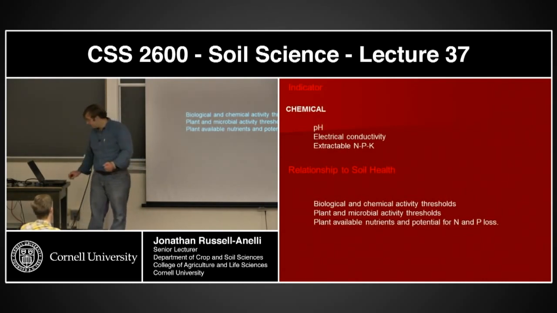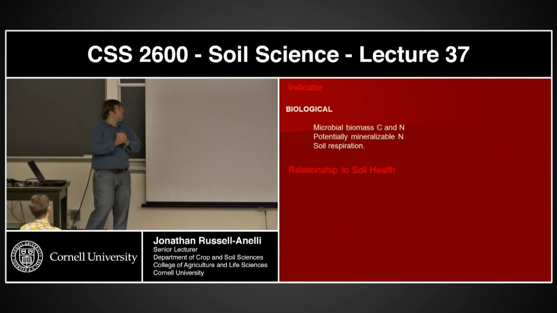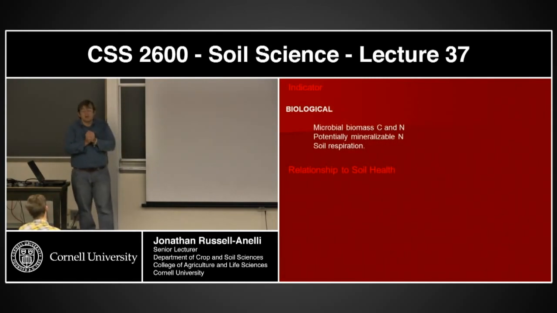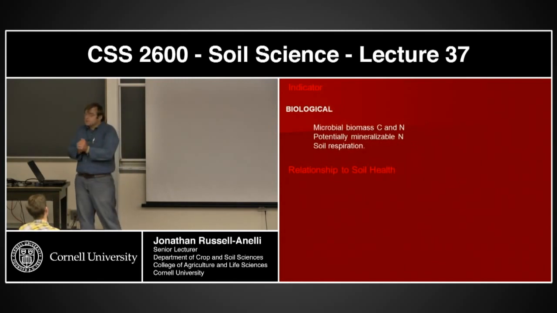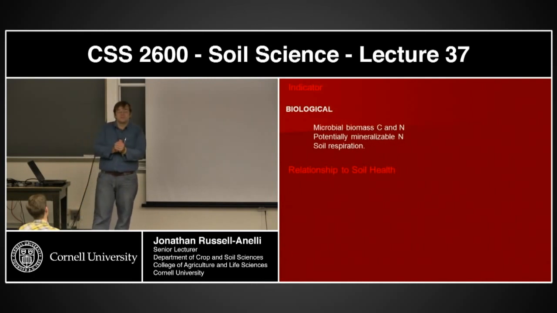Good examples. How about this one? Some biological ones. Microbial biomass C and N numbers. Potential mineralizable N. Soil respiration. What might those tell us? Water capacity. It could tell us about some climate issues. Water. What else?